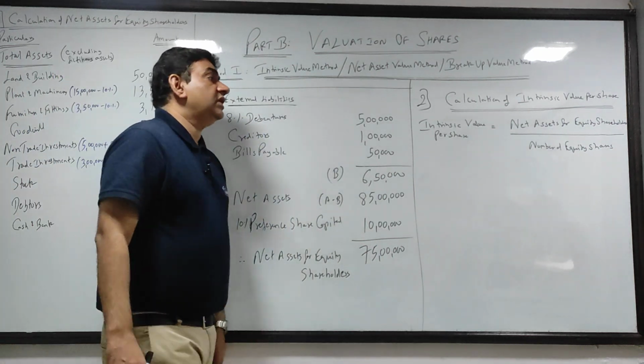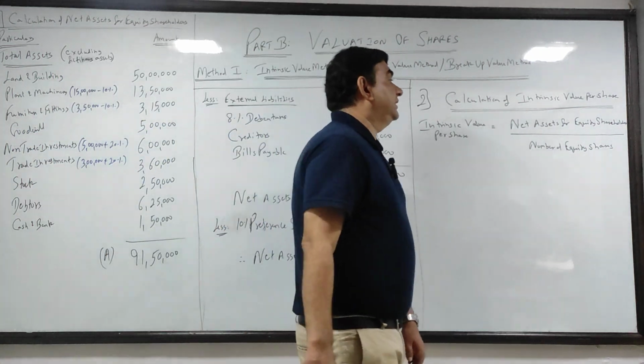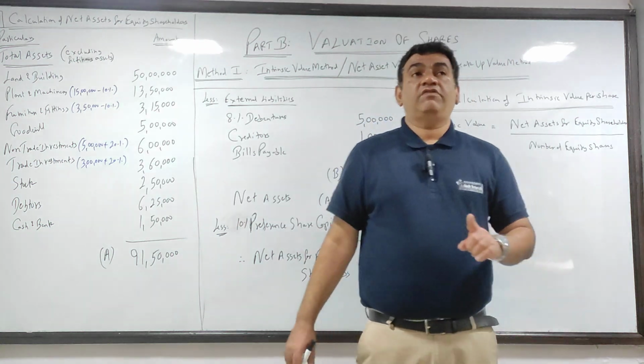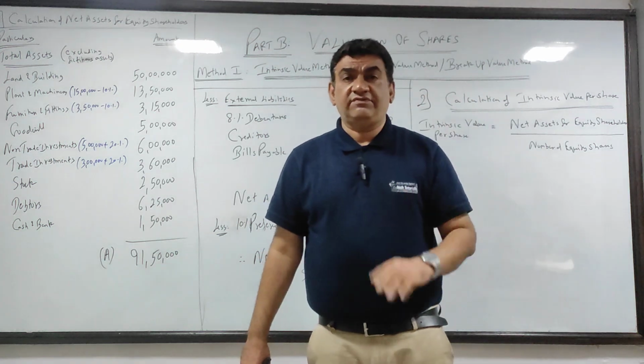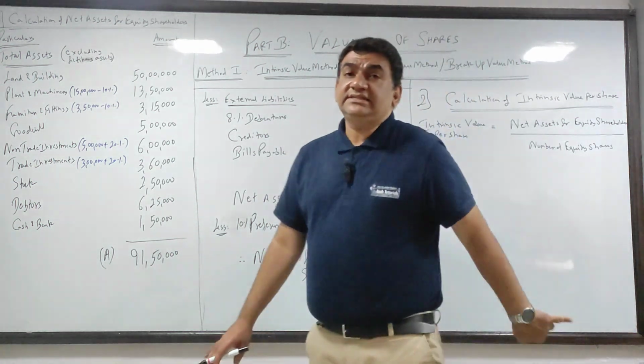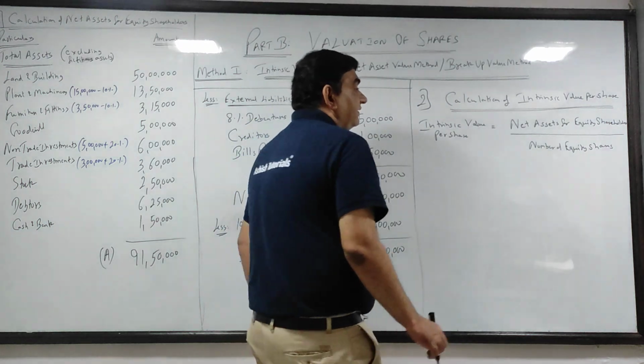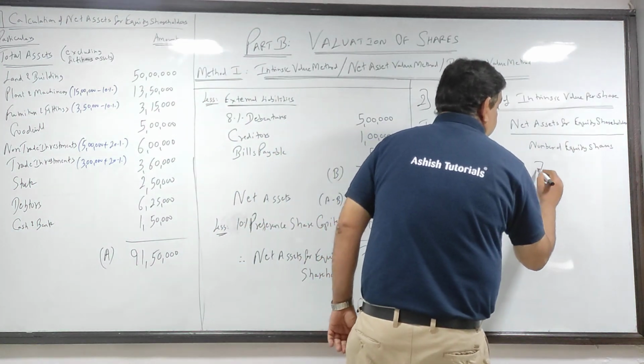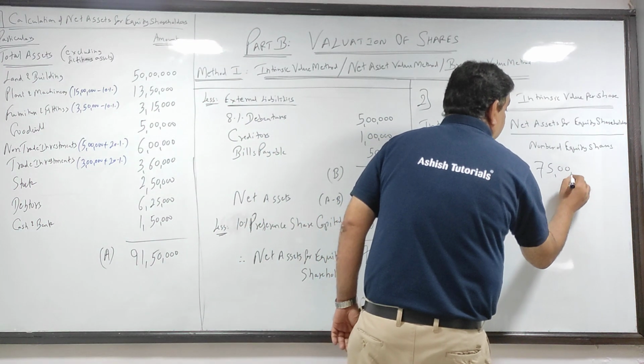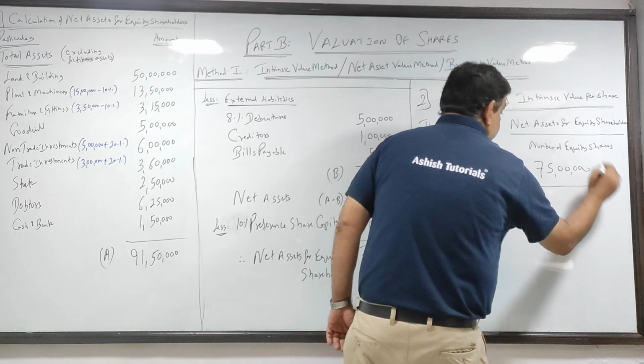Very straightforward. How much net assets do we have? 75 lakhs. So 75 lakh is my net assets.